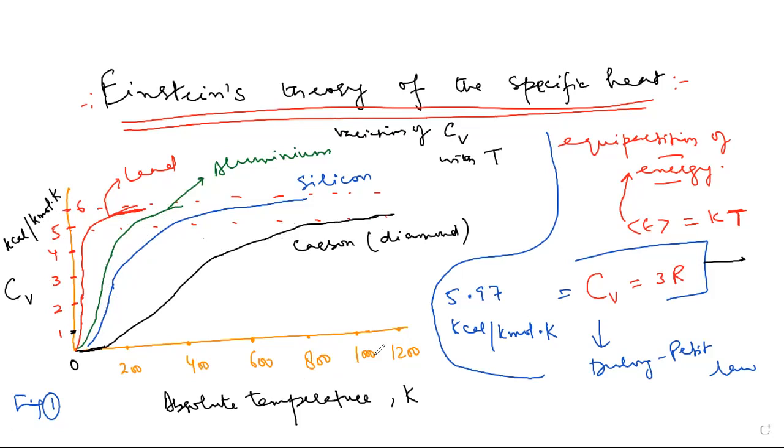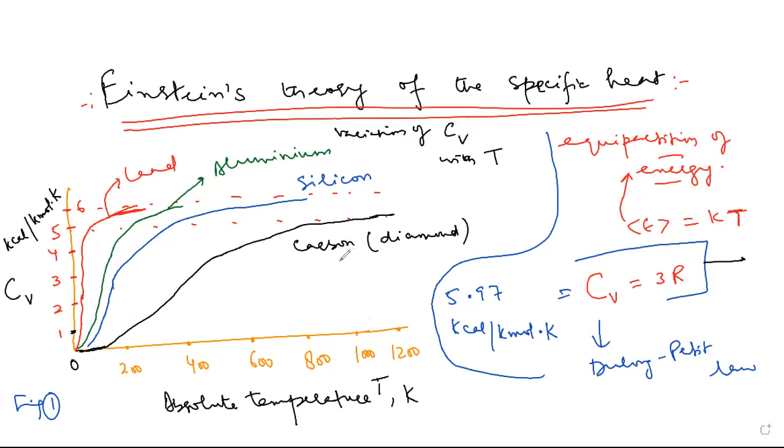So the question before Einstein and others was how to predict from theory the variation of heat capacity with temperature at low temperatures, because at high temperature CV equal to 3R was a pretty good number for most solids, not for every solid.